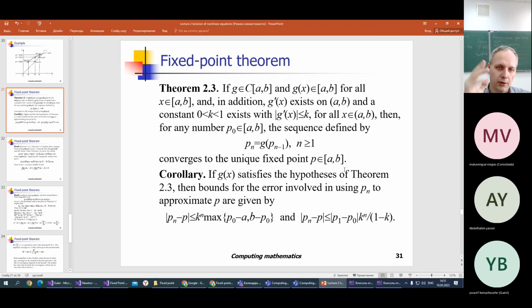So if these properties are true, then the fixed point method converges to the unique fixed point.